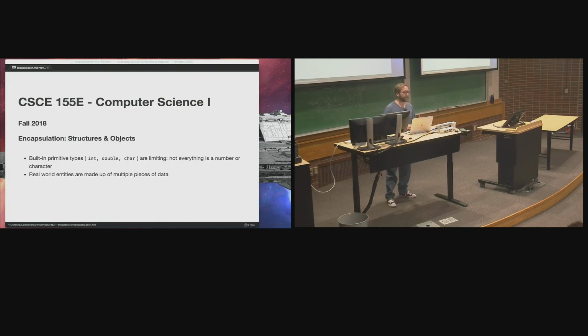For example, yesterday you did your lab on file I/O, and one of the things that you had to do was load up a file of state population data, where you had a state name and a population, right? There are two pieces of data that logically belong together.